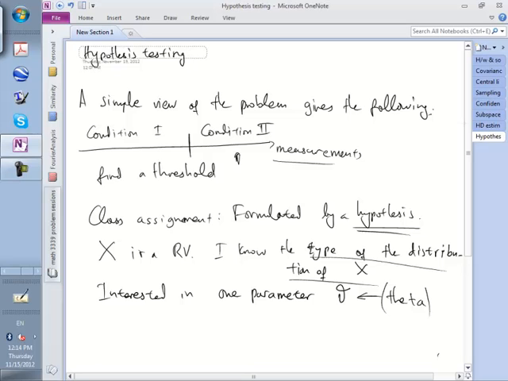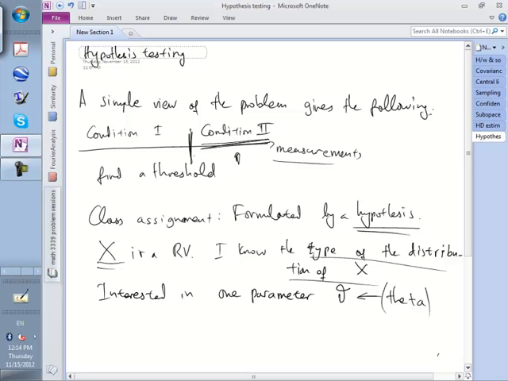And that's your final measurement. And you always say, if the value of the statistic, the value of the measurement, is greater than the threshold, I say that my random variable x has a distribution which falls in condition 2.